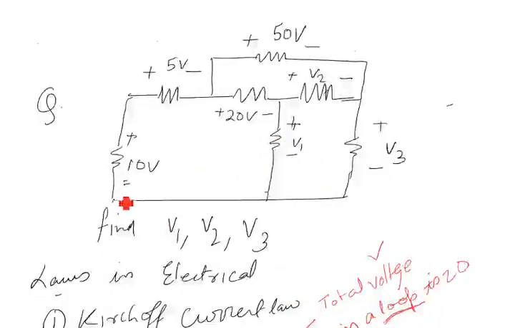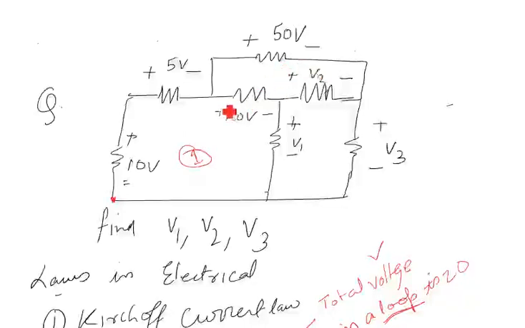Now check here. First, your starting point. Loop means starting point and ending point must be the same. So this is my point. It starts from here and goes, and you can complete the loop. Yes, you can complete the loop. You can go from here and come here. This is loop number 1. Let's check whether you can complete the loop here.